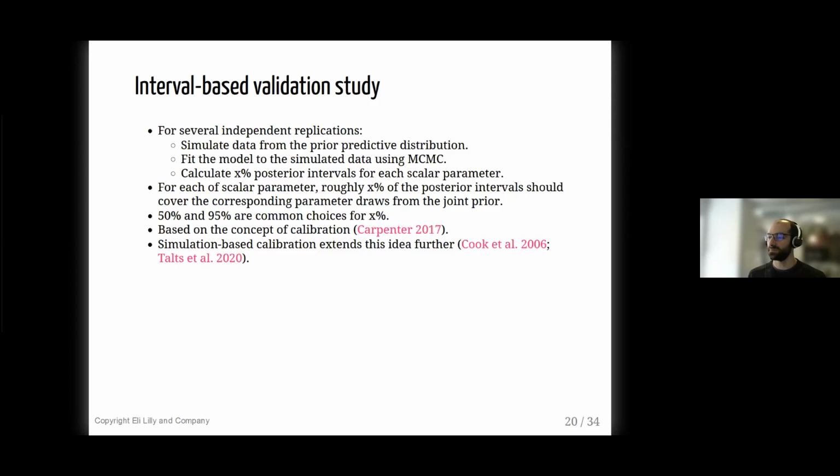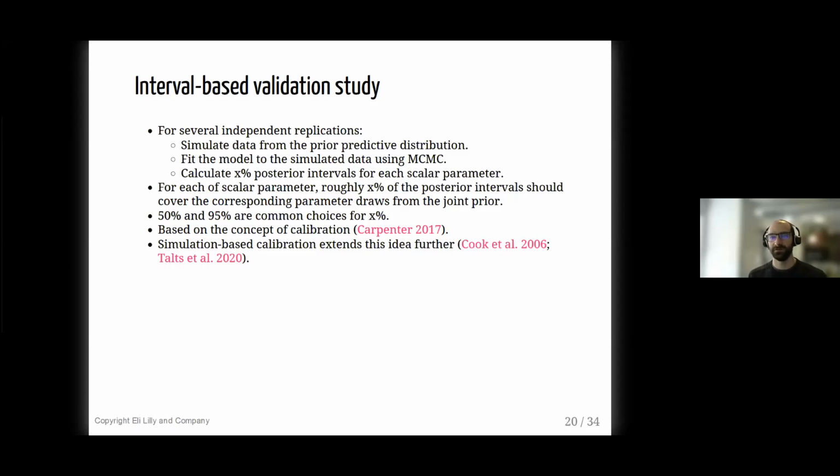And there are some papers on this, and there are papers that extended this to full-on formal simulation-based calibration, which extends this idea. I really like the blog post by Bob Carpenter that I've linked here. He really clearly explains why this technique of calibration works when you're checking a model.